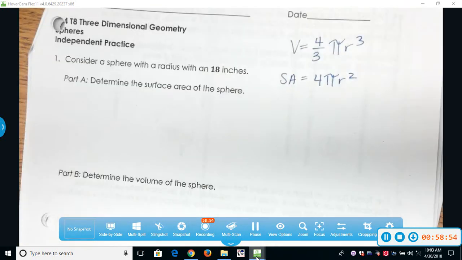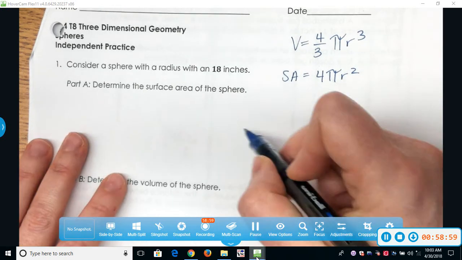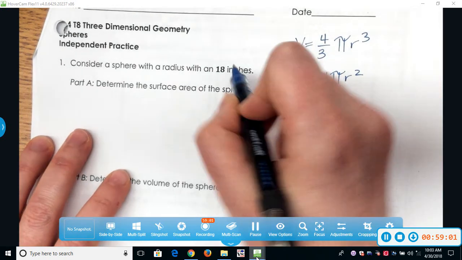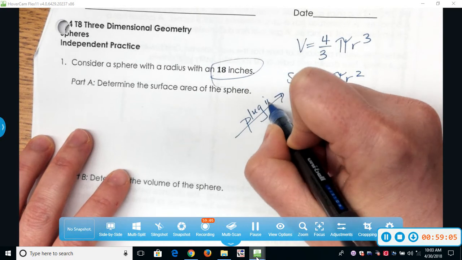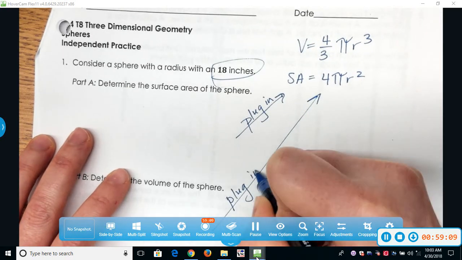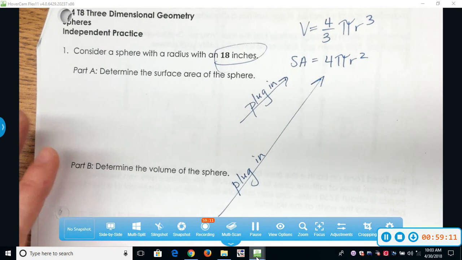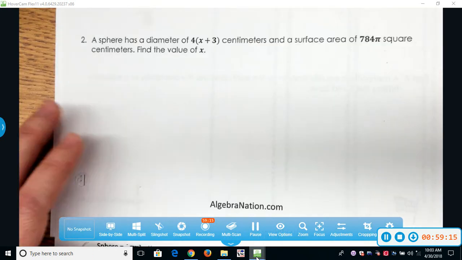Those are your 2 formulas for this worksheet. So, we're not going to do one because they give you a radius and you just do this. That's too easy. Alright, we're skipping 1 and we're going to number 2.